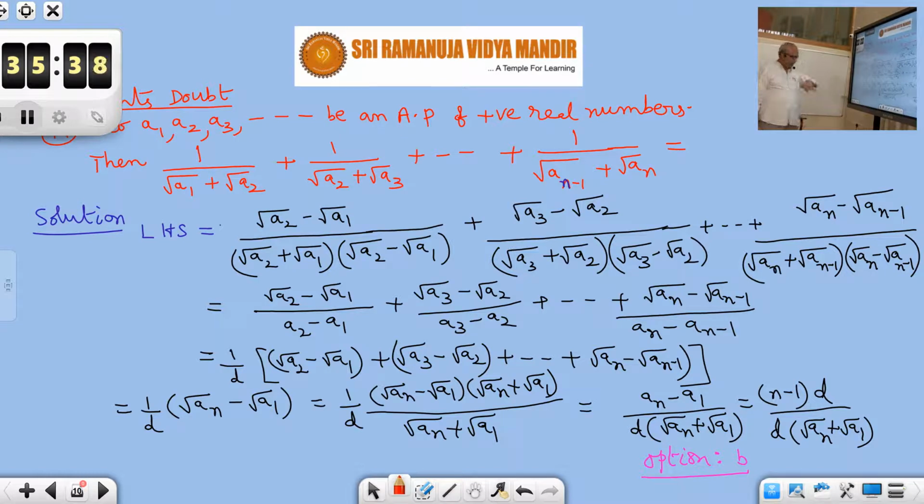Next, I want to clarify some doubts of the students expressed in WhatsApp and other messages. One student asked this question from our assignment only. The question is, let A1, A2, A3 and so on be an AP of positive real numbers.